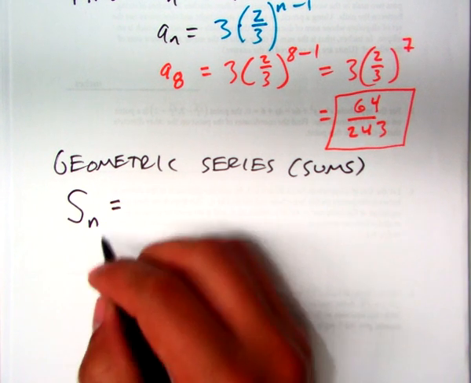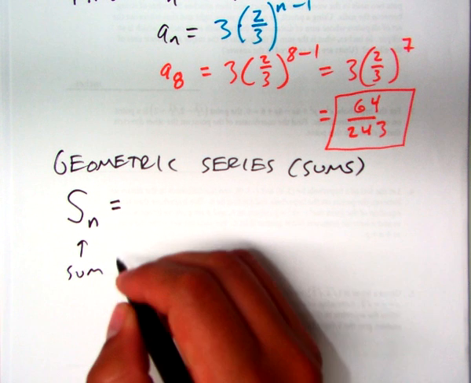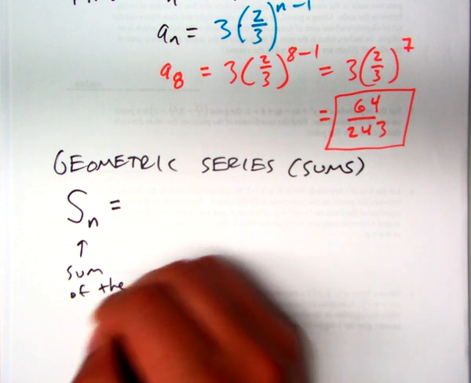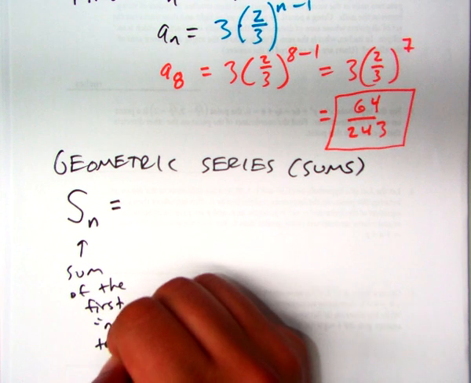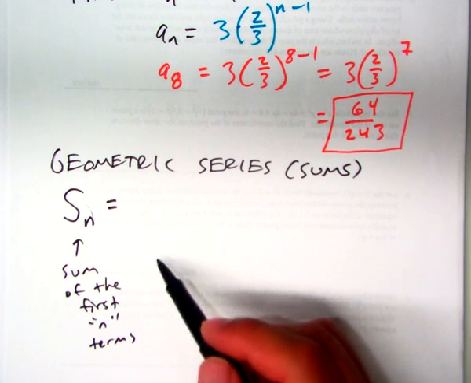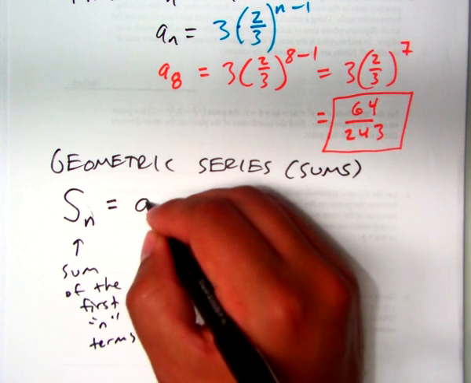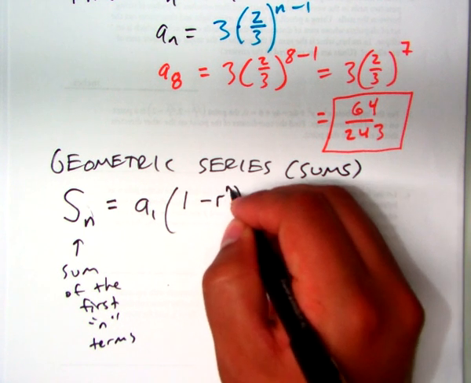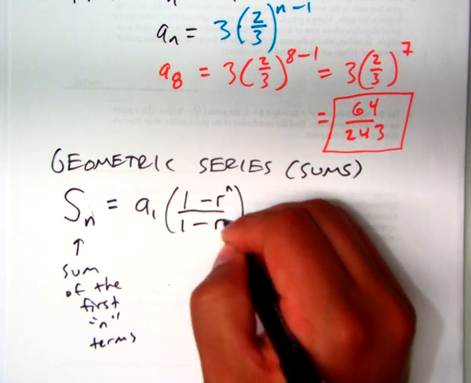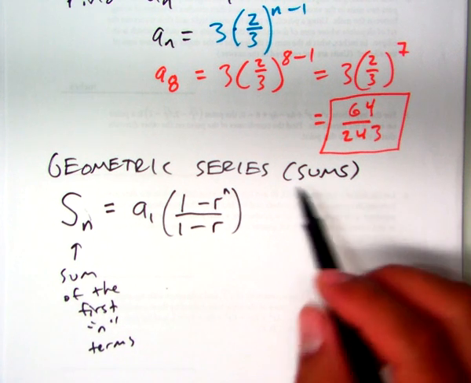The sum of the first n terms, that's what this notation means, can be found by taking the first term times 1 minus r to the n power, all over 1 minus r. So this is one option.